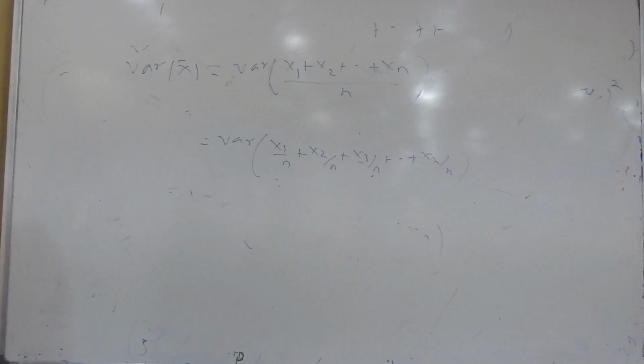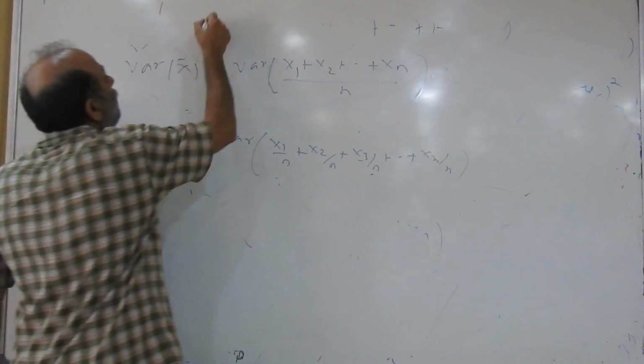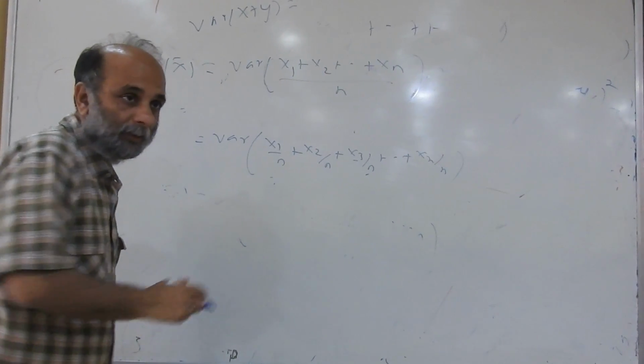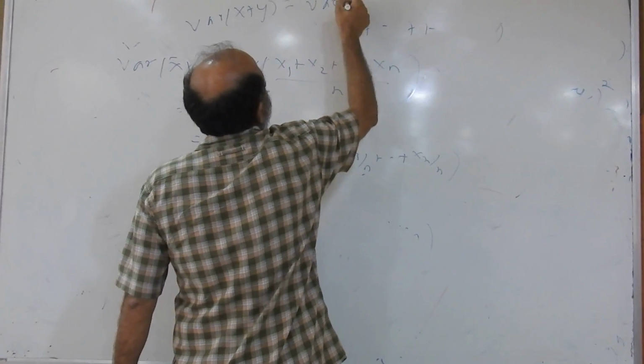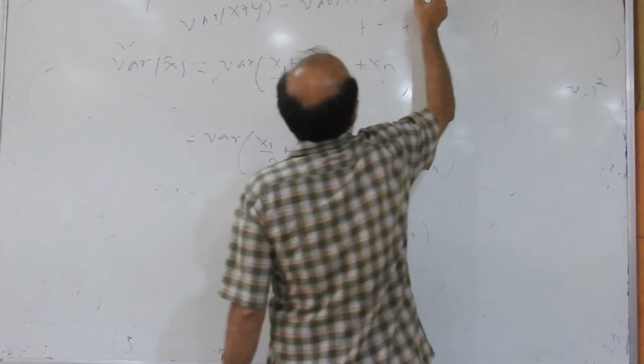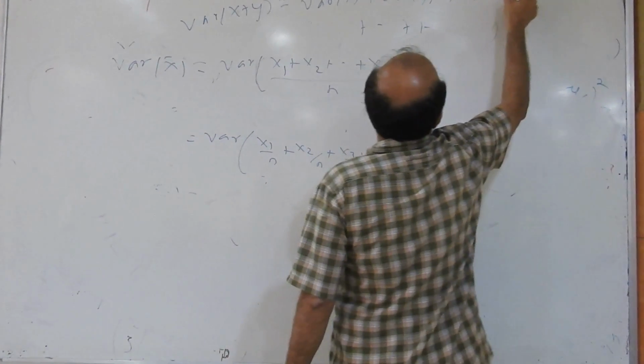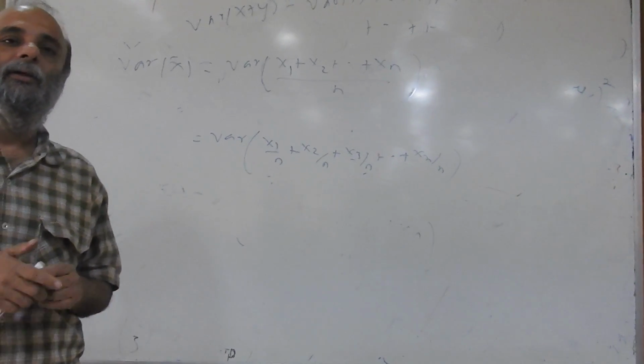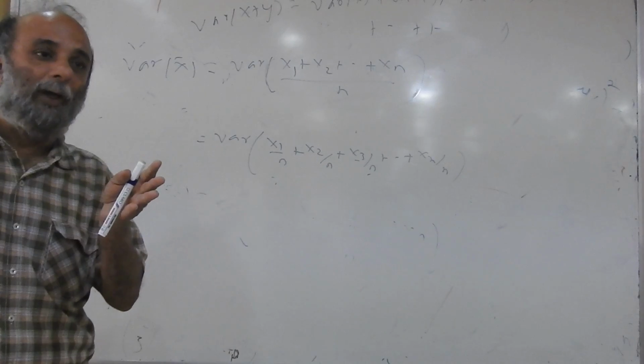Now there is a formula which says variance of x plus y is variance of x plus variance of y plus 2 covariance xy. Intuitively, we are looking at x plus y.